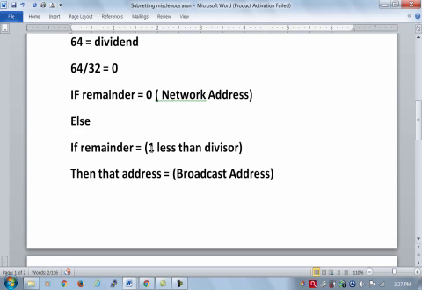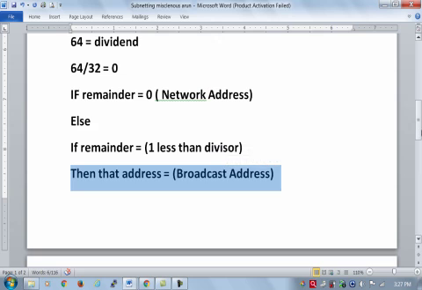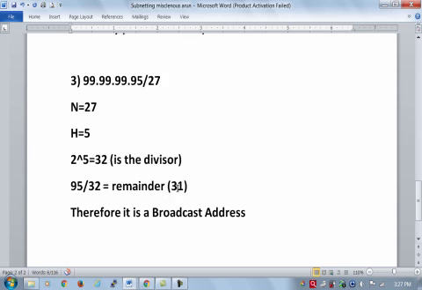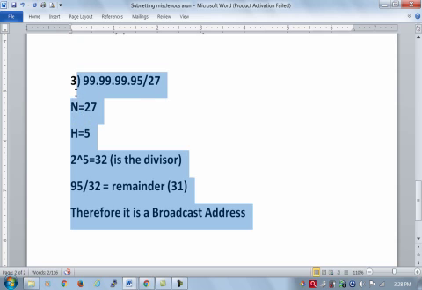If the remainder is 1 less than the divisor, then that address is a broadcast address. In this example the remainder is 31 and my divisor is 32. So if the remainder is 1 less than the divisor, this address has to be a broadcast address only. And from the quotient you can make out that this is the third subnet broadcast address.